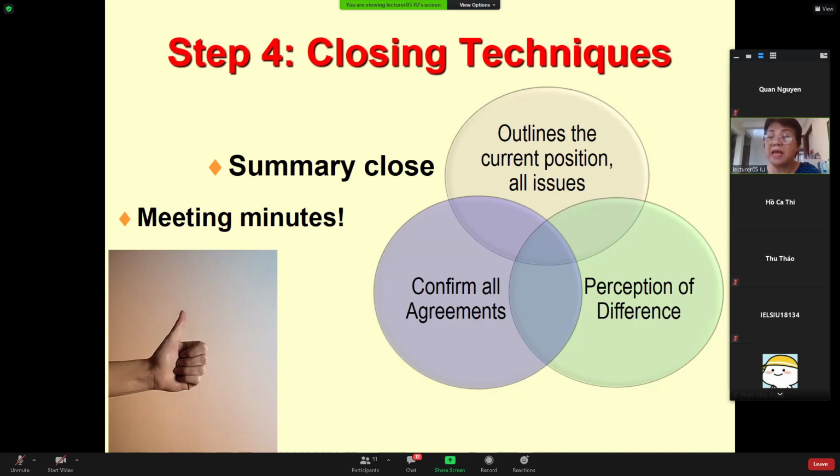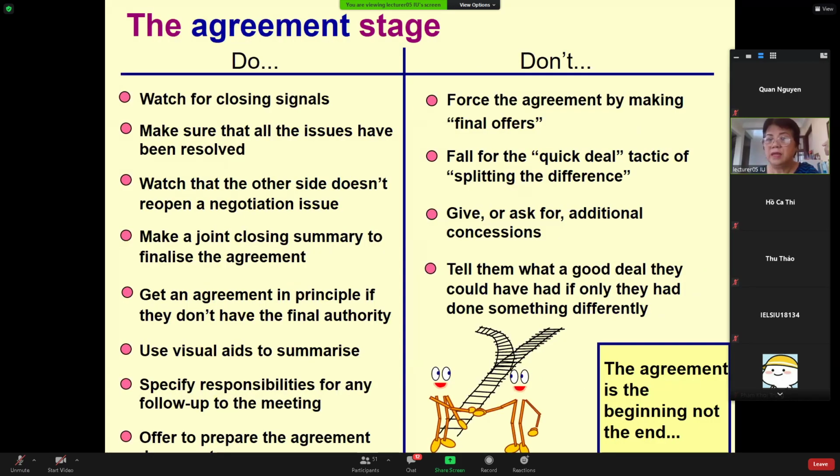What it looks like depends on the negotiation and the agreement that we can reach, and then the summary. At the agreement stage, this is what we should do.